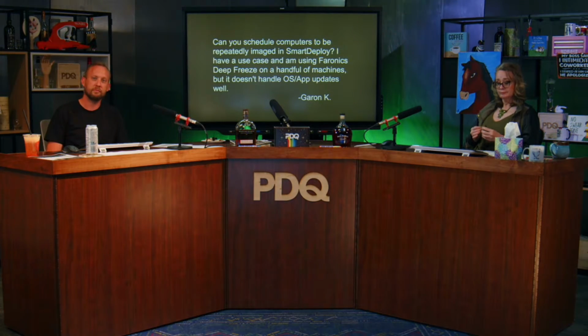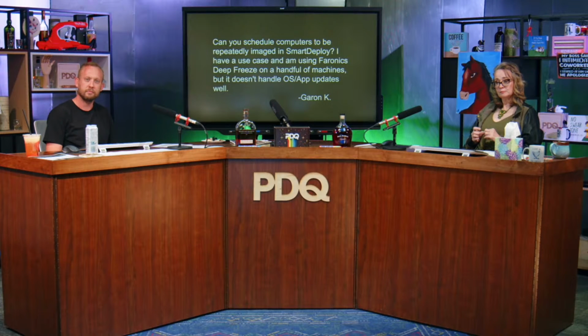First question up is from Garen K. Can you schedule computers to be repeatedly imaged in Smart Deploy? I have a use case and I'm using Faronics Deep Freeze on a handful of machines, but it doesn't handle OS and app updates well. You can, but is Jeff still here or did he drop off? I think Jeff is still here. I'll let Jeff answer. You can schedule imaging.